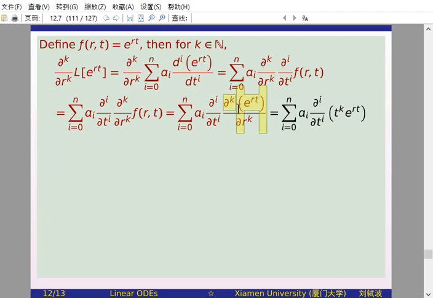Taking the derivative with respect to r k times, you get k t's. Multiplying the t's, you get the power function t^k times e^(rt). So this fraction is equal to this.